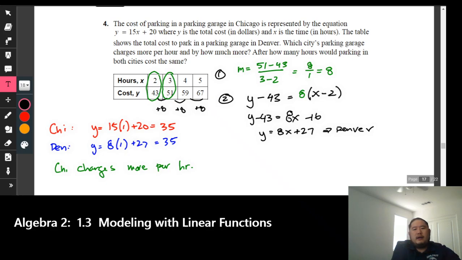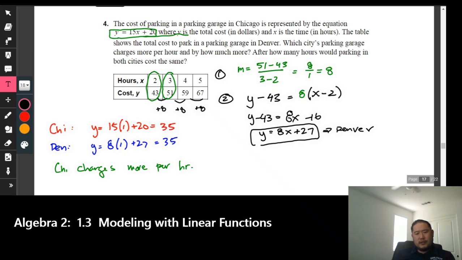And then the next question is, after how many hours would parking in both cities cost the same? Now, the easiest way to solve that is, if I have these two equations, we have this equation for Denver and the equation for Chicago. And they're saying, when will it be the same in both cities?